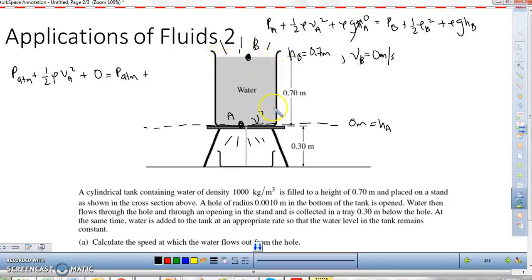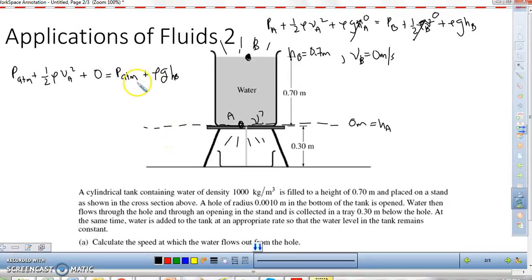Yes, it's moving down, but it's not flowing from here to here or going horizontally in any way. So at the very top, from the perspective of all the water to itself, it's not moving. So this is going to be 0. This whole term, I forgot the V, sorry, goes to 0 there. That's kind of nice. So then I'm left with the rho g h B, like that.